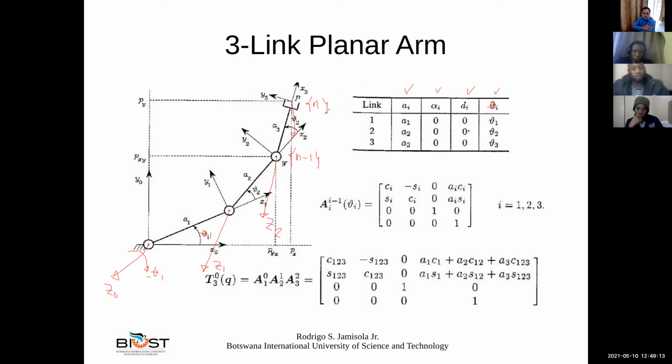Any questions? So now we have assigned all the Z0, Z1, Z2 up to Zn. In this case, this is Z3.